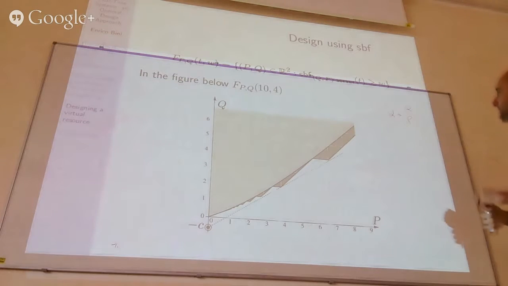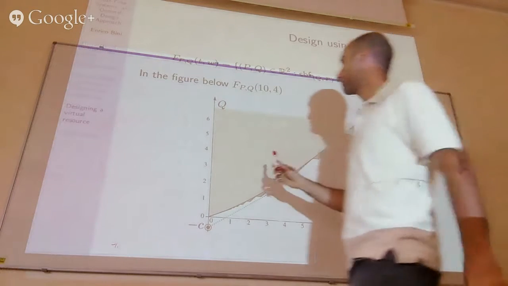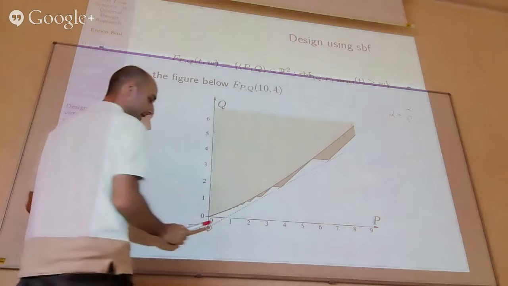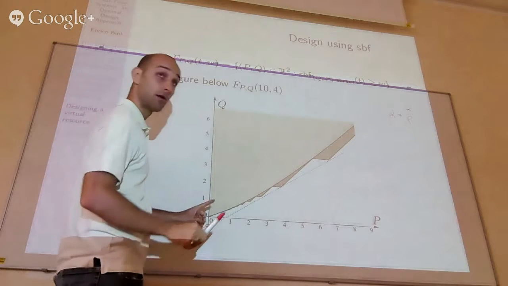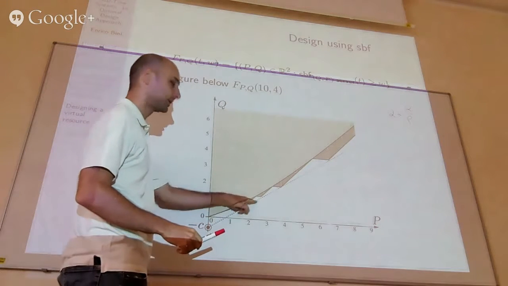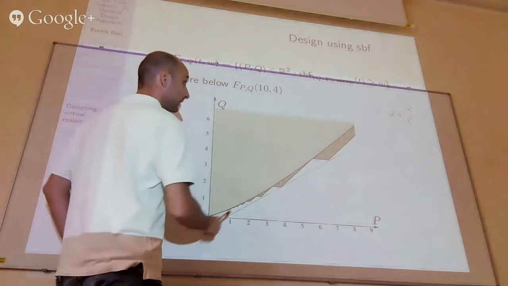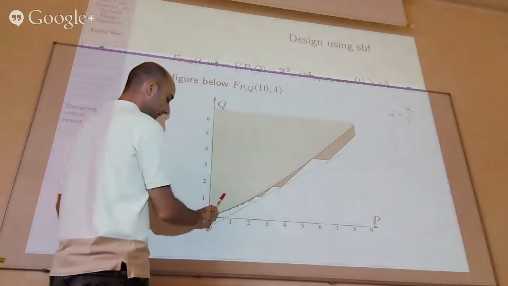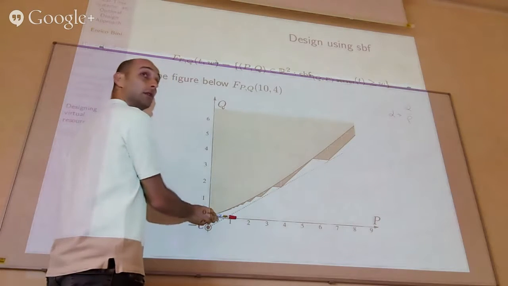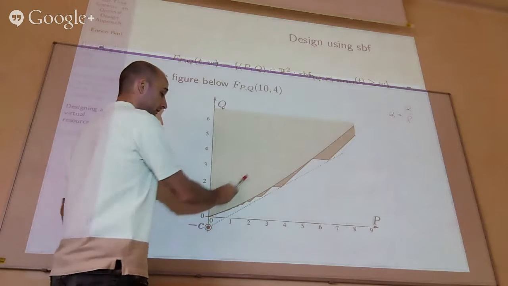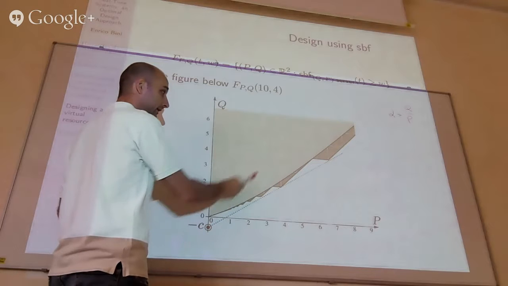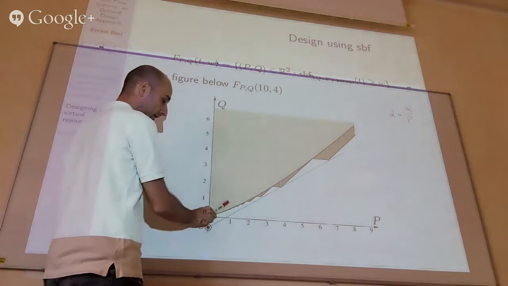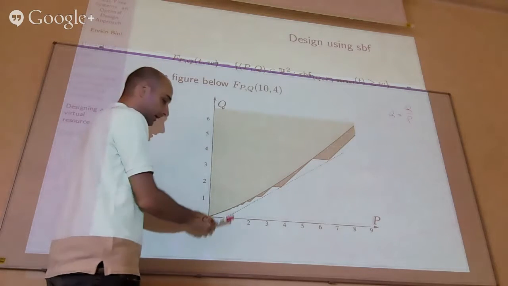Minimizing Q over P means that you want to minimize, for the moment, don't take a look at this dotted line, ignore it for the moment. If you want to minimize alpha, Q over P, it means that you want to minimize the slope. This is the slope, this is Q over P. You want to find the point where this slope is as small as possible.